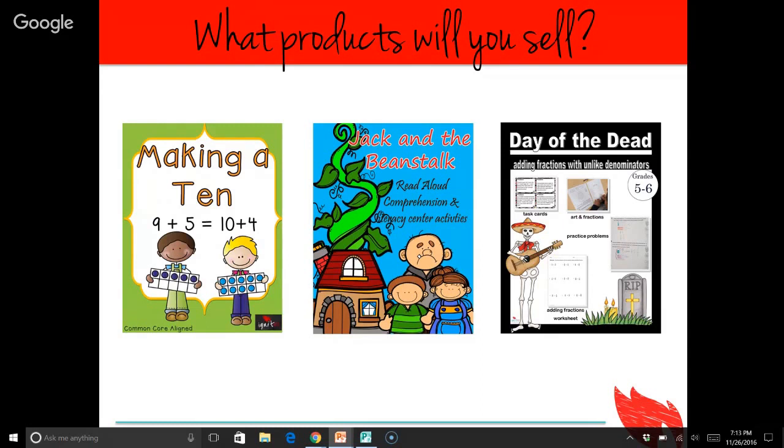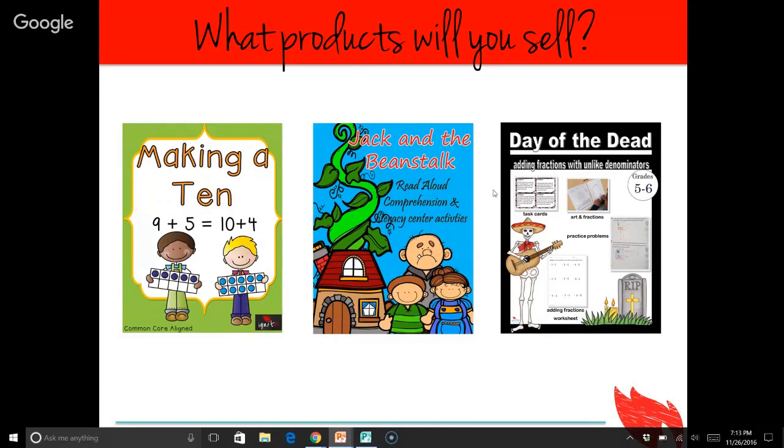They cover a lot of the difficult areas that students struggle with, like Day of the Dead, adding fractions with unlike denominators. That's a skill that most students struggle with. So I created that product to help teachers use it as an application with adding fractions with unlike denominators.